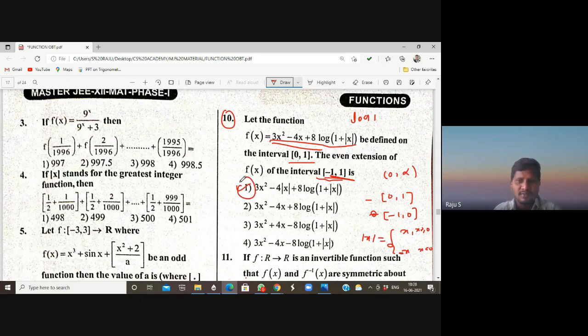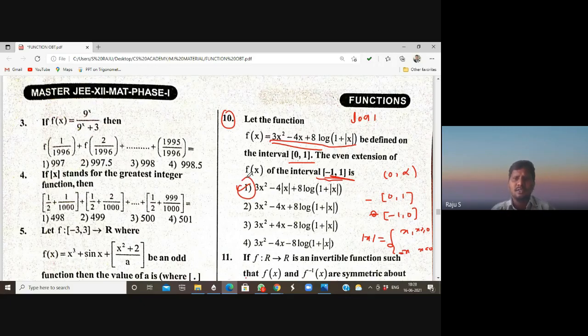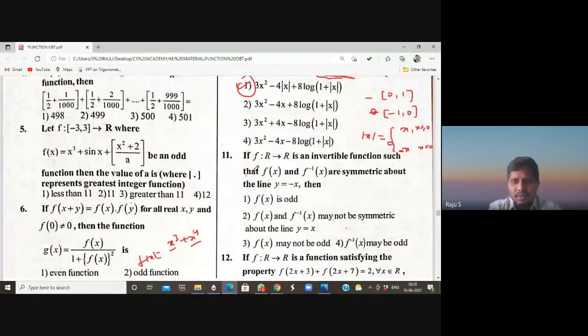So only first option. Here no need to do anything. Just they define the function 0 to 1. Just replace x by minus x. We are going to get interval minus 1 comma 0. But the given interval is minus 1 comma 1. So the first option alone satisfies both the conditions. Okay. Right. Next.